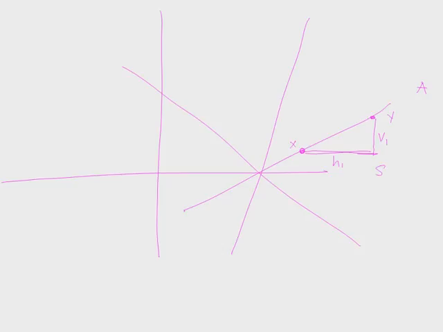So the slope of line A is v1 over h1. If I were to look at the slope of line B, then look at this as v2 and h2, the horizontal distance and the vertical distance. Then the slope of line B would be v2 over h2.